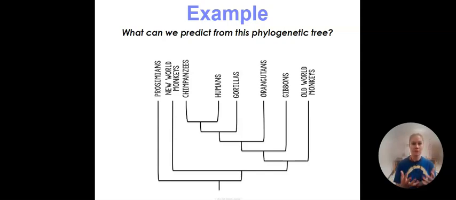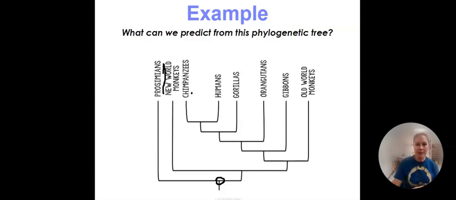I'm going to give you an example, and I'd like you to tell me what we could predict from this phylogenetic tree. There are quite a few examples here. We could say that the prosimians evolved way back here, so they were the first to branch off, so they are the oldest.